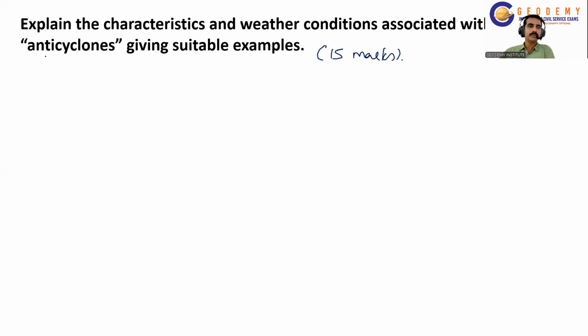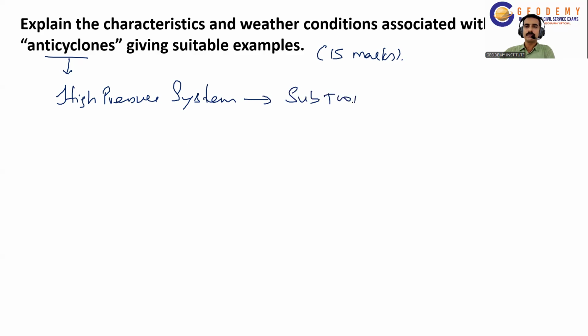First, we should give a definition of what anticyclones are. Anticyclones are high pressure systems formed over the subtropical high pressure belts and in the subpolar region.